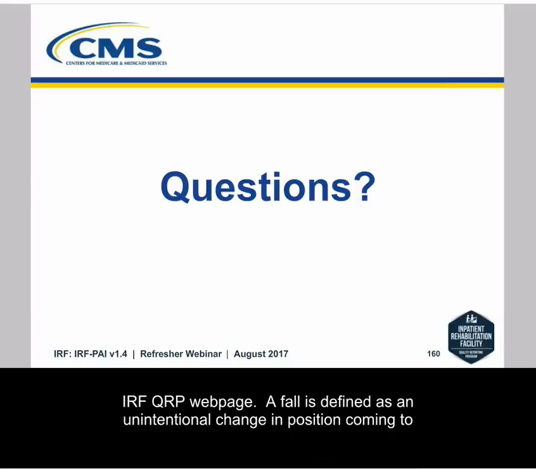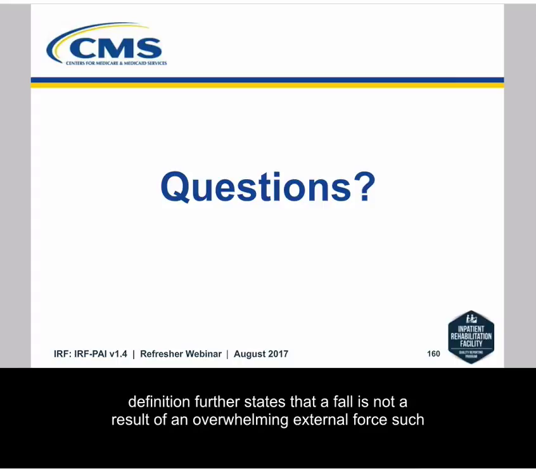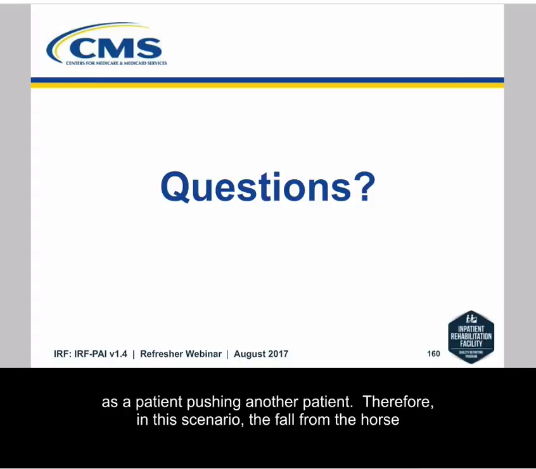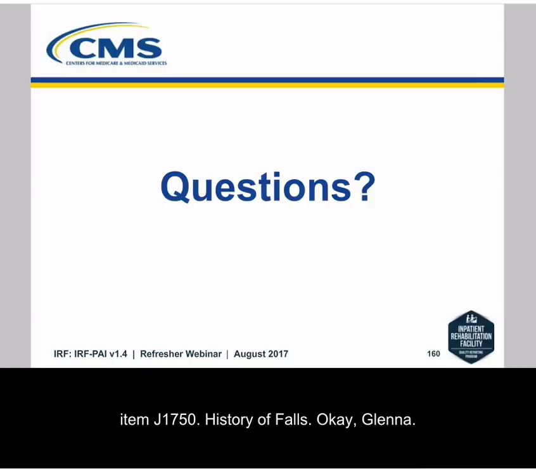A fall is defined as an unintentional change in position coming to rest on the ground, floor, or onto the next lower surface, such as a bed, a chair, or bedside mat. The definition further states that a fall is not a result of an overwhelming external force, such as a patient pushing another patient. Therefore, in this scenario, the fall from the horse was due to an overwhelming external force and would not meet the definition of a fall for item J1750, History of Falls.